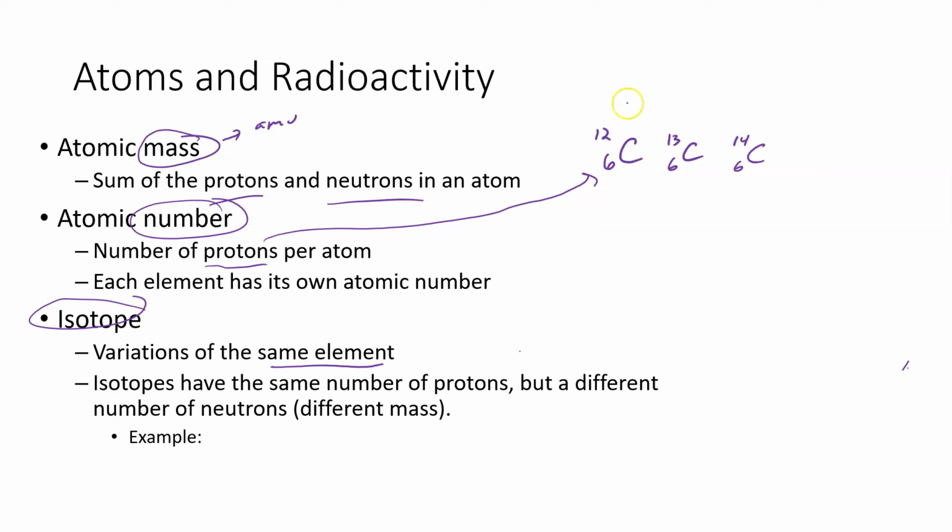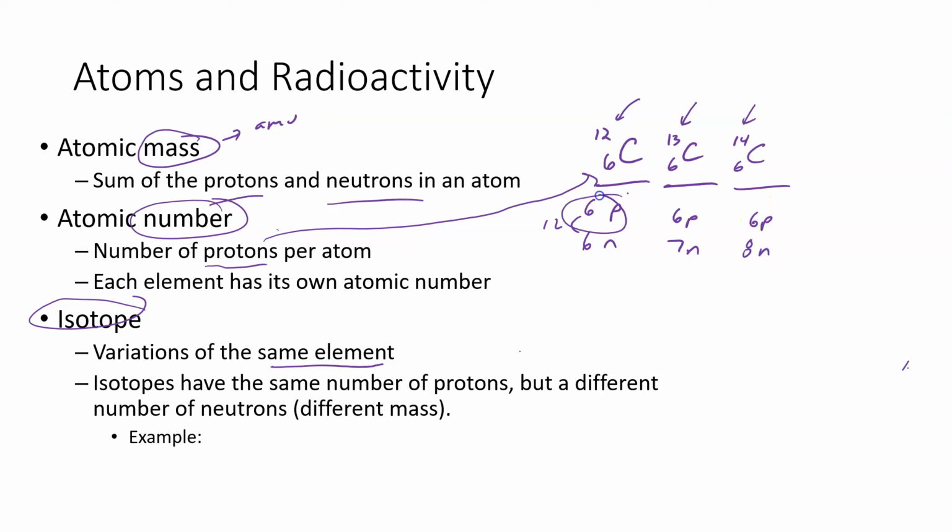Now, this is the mass number, which is the sum of the protons and neutrons in an atom. In the case of carbon-12, we would have 6 protons and 6 neutrons. 6 plus 6 makes 12. In the case of carbon-13, we would have 6 protons, 7 neutrons. 6 plus 7 makes 13. And in the case of carbon-14, we would have 6 protons and 8 neutrons.